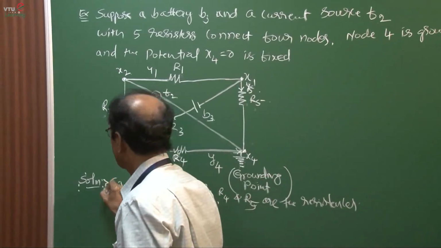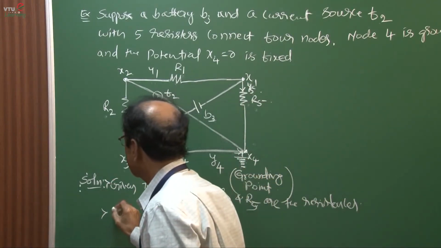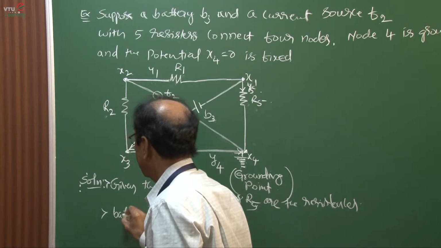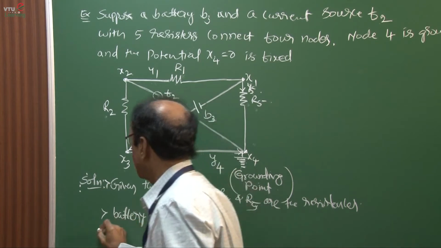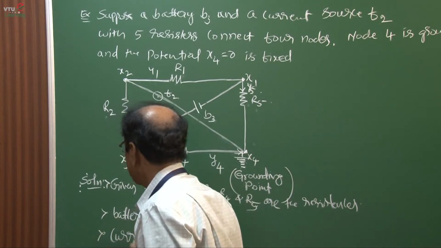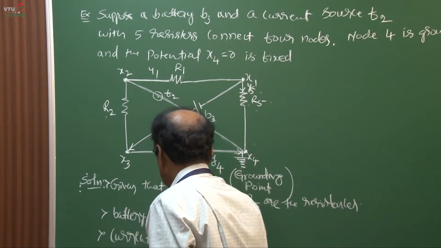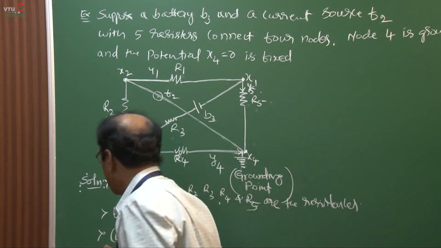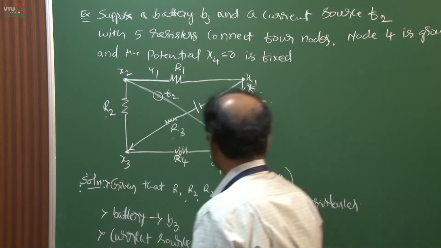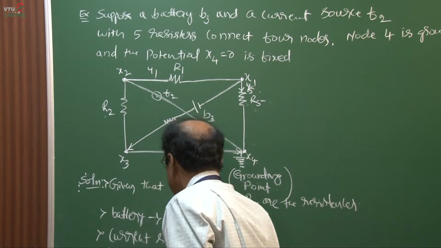This is the first observation, and the second observation, battery, that is B3, battery is 1, and the current source, that is F2, and at X4, this point, that is grounded.